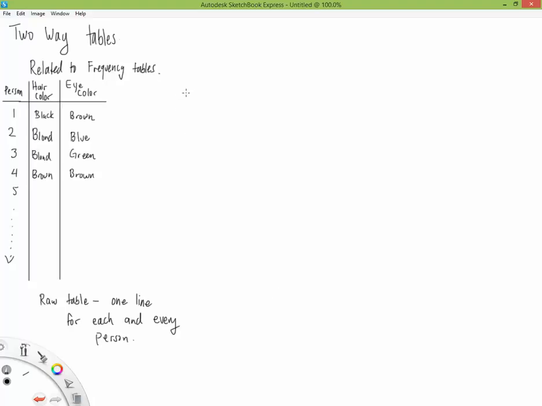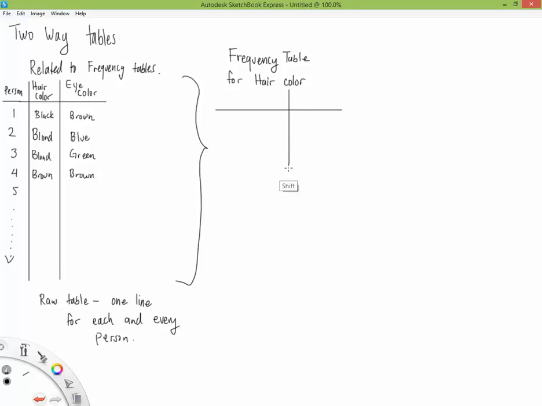Now, we can summarize this with a frequency table. So this should be the review. With a frequency table, we can make a frequency table for hair color. What would the different rows be? I would have columns, and so what would each row say for a frequency table for hair color?